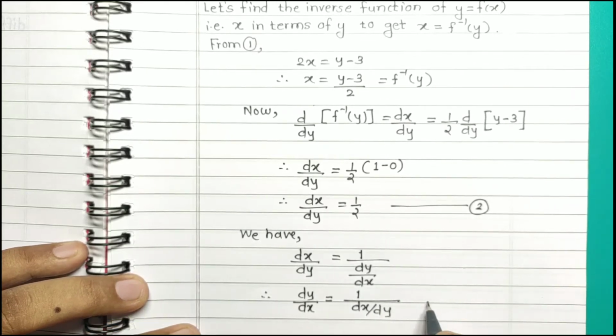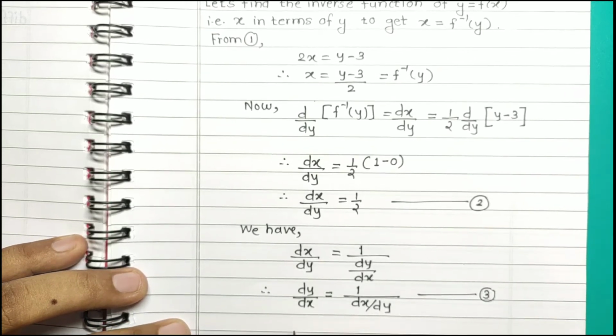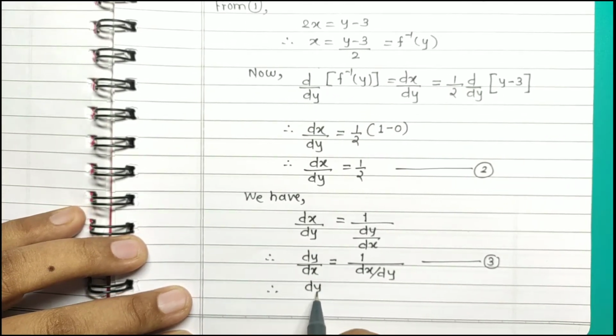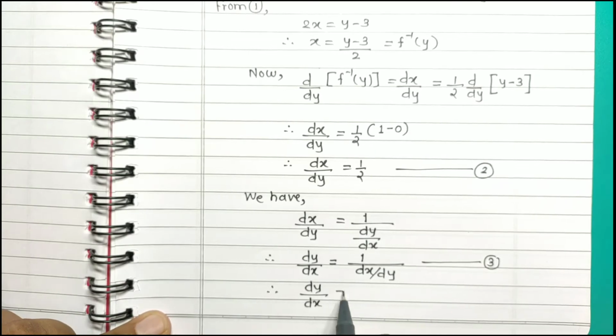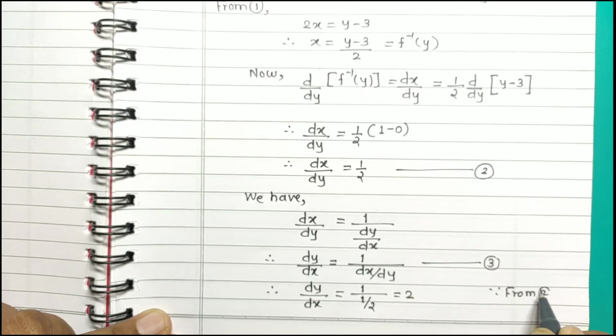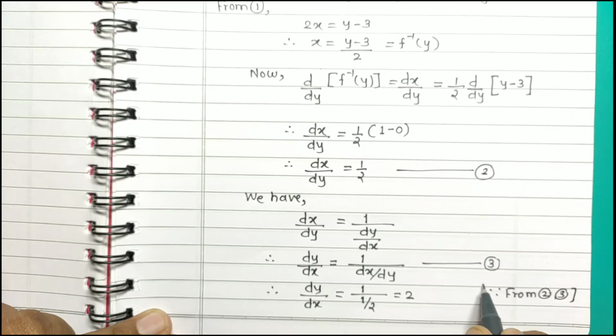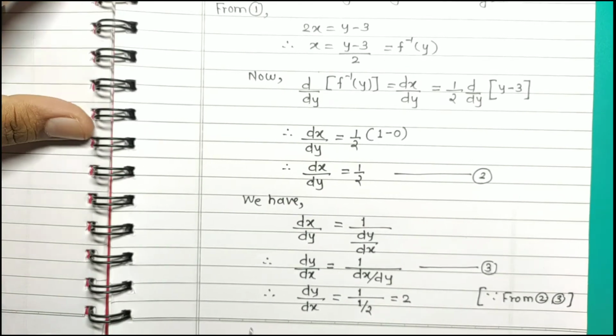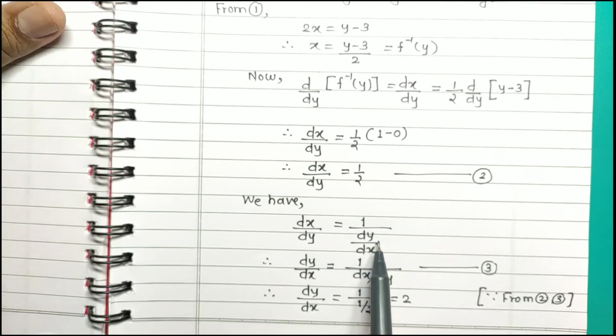So this is called as equation number 3, and from 2 and 3 we get dy by dx is equal to 1 by half, and so this is nothing but 2. See, derivative of given function is 2. We have used here result for derivatives of inverse functions.